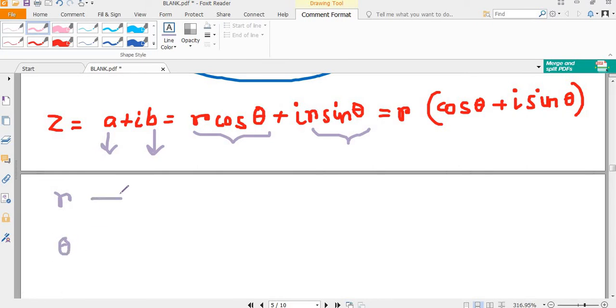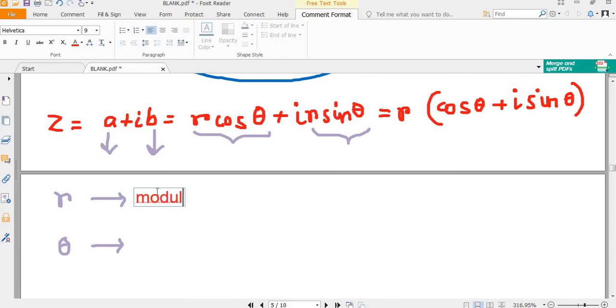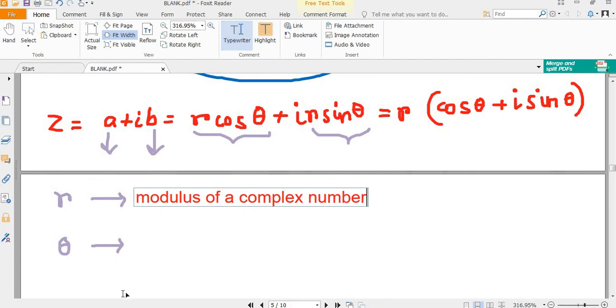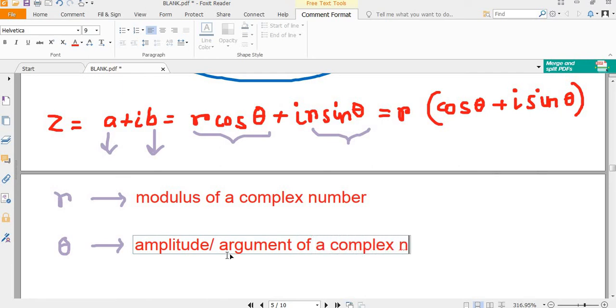So what are those names? Essentially, we define r as the modulus of a complex number. And theta is called the amplitude or the argument of a complex number.